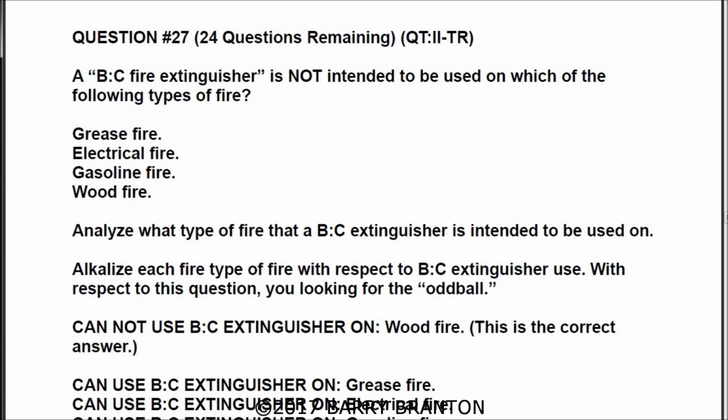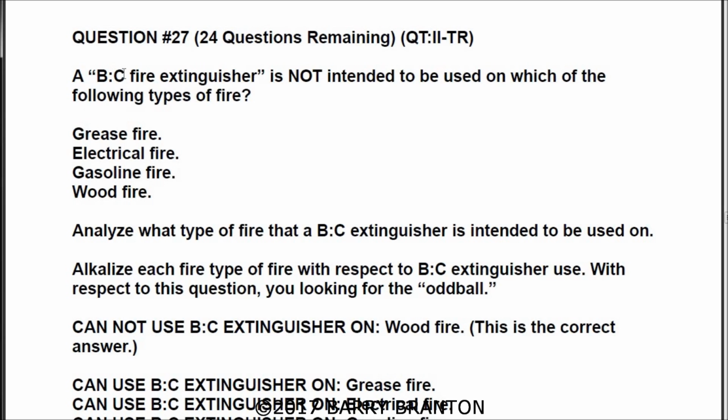Question 27. A BC fire extinguisher is not intended to be used on which of the following types of fire? So we're looking for the one that it is not intended to be used on. Well, the correct answer is wood.